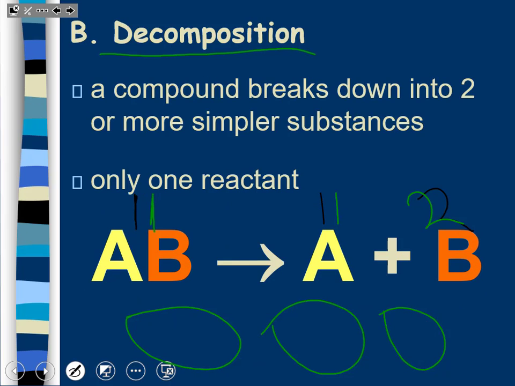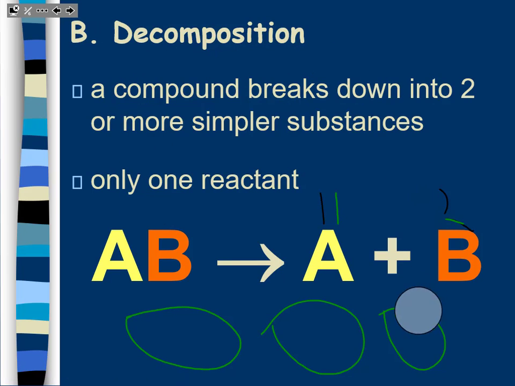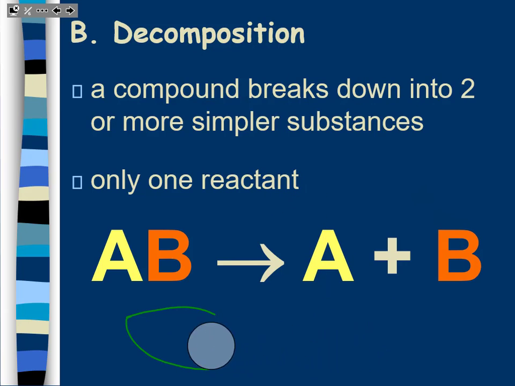Number 2. All right, so here we have decomposition. If you ever heard of the term before at all, decomposition means you kind of break stuff down. So in this one, we have one thing making two things.